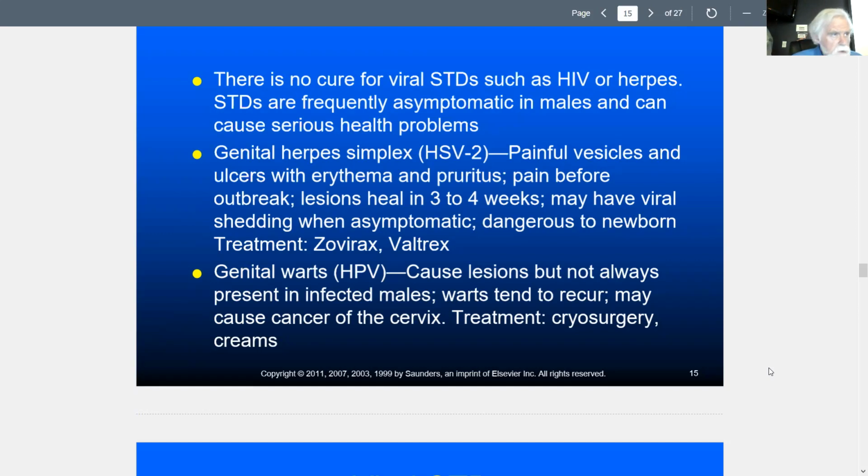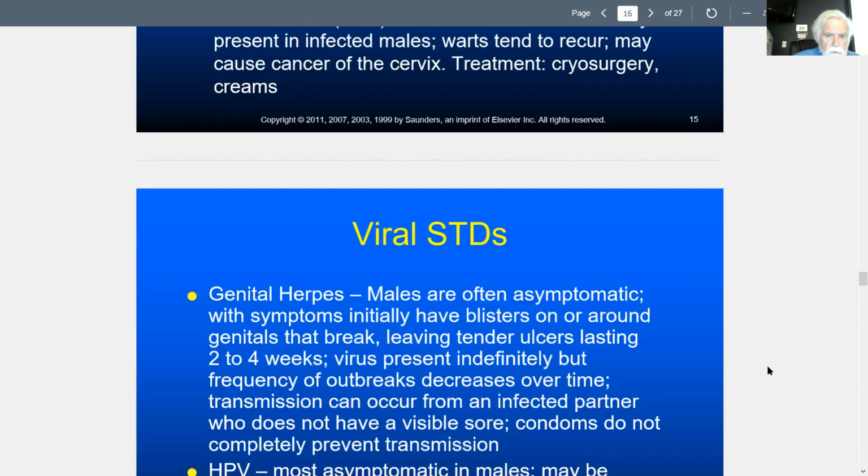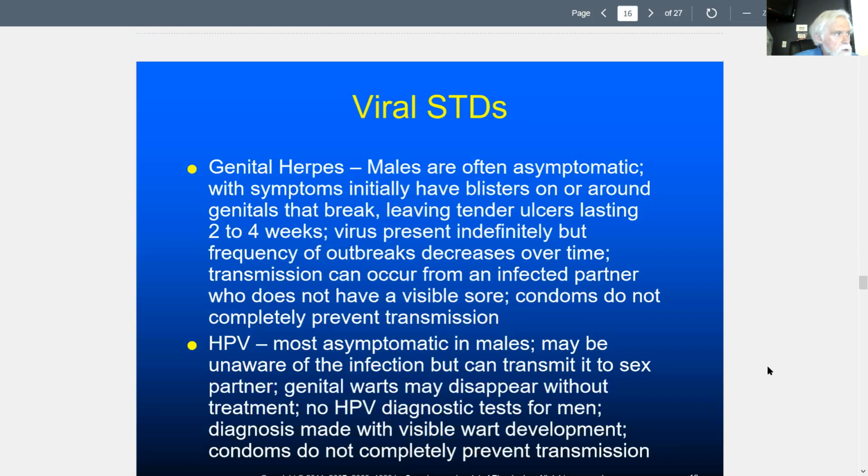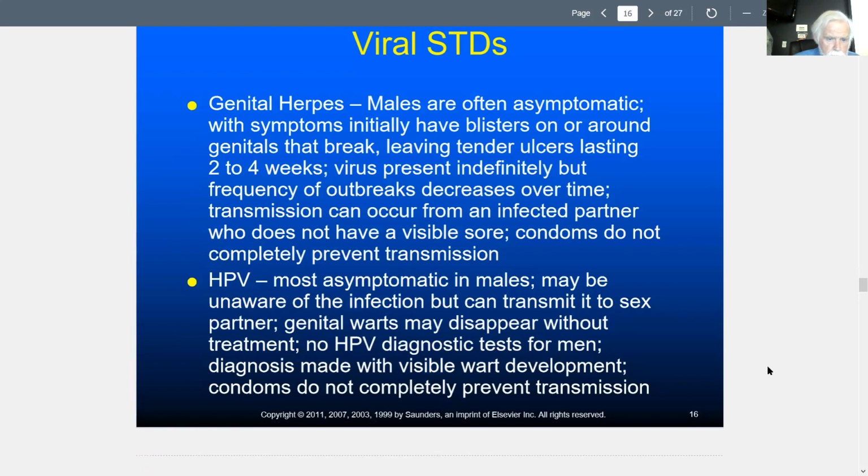Genital warts, we talked about HPV, human papillomavirus. We do have some treatments for that. One thing they don't mention is that an injectable product called interferon does a pretty good job. Interferon alpha does a pretty good job on papilloma infections.